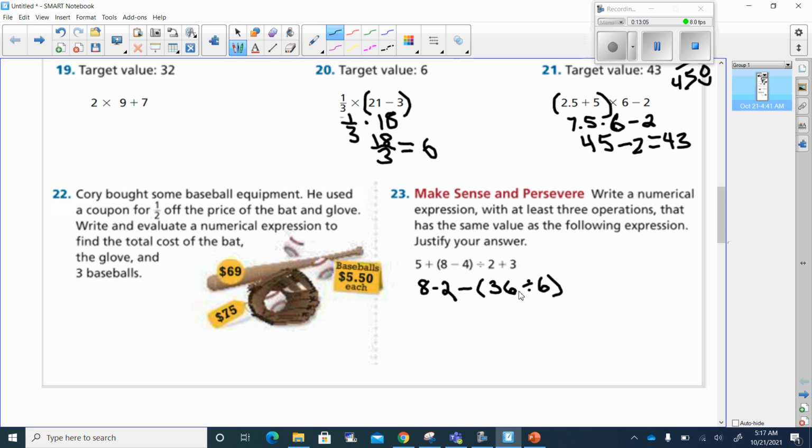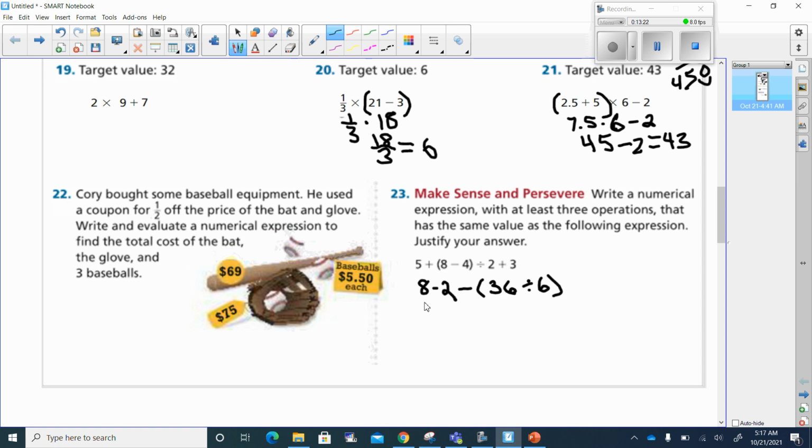I have 3 operations. I have my parentheses, which is division, right? I also have multiplication. I have subtraction. I have to do my division first because it's in parentheses, and I'll do my multiplication, then I would subtract. 3 operations.